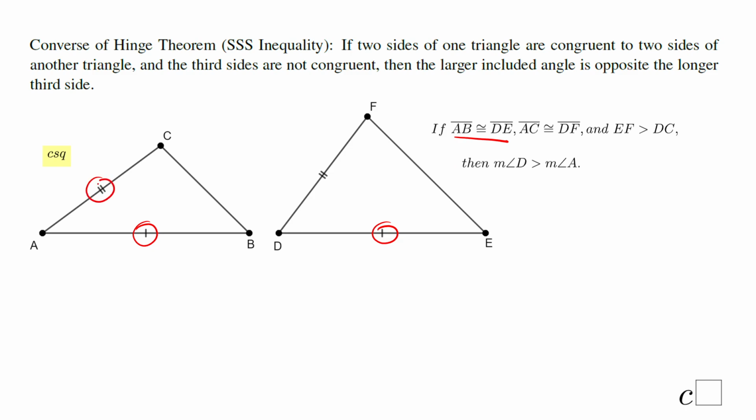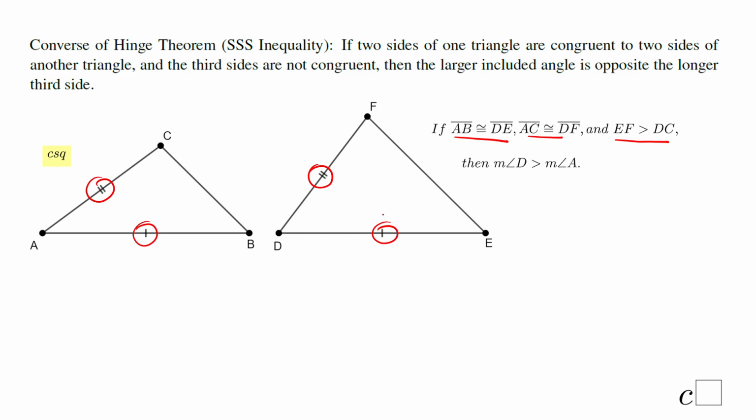These two sides are also congruent. And the third sides are not congruent. Even more, we can see the larger side is EF. EF is greater than DC. Then the larger included angle is opposite to the larger third side.